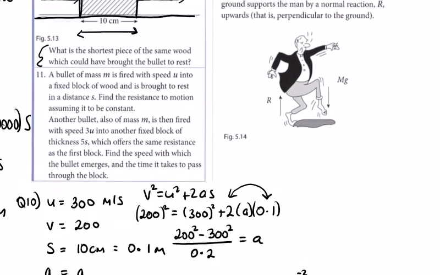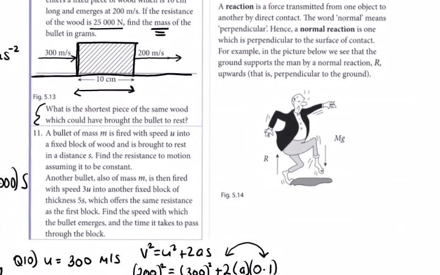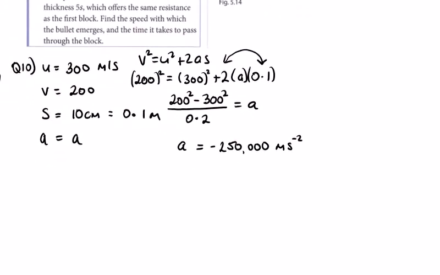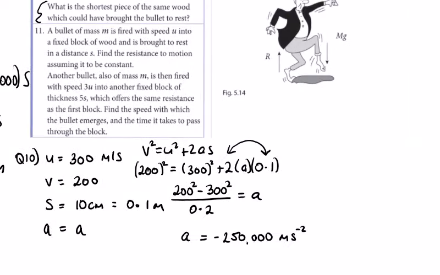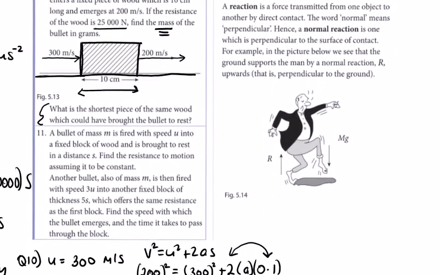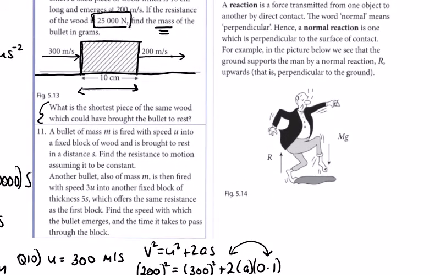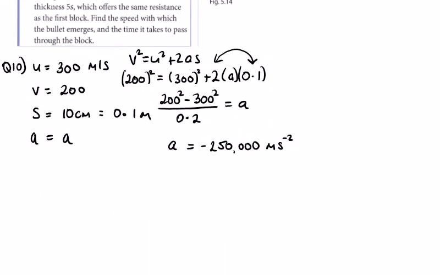So then the second part of 10. What were we asked? We were asked to find the mass, weren't we? So we're asked to find the mass. And we're told the resistance force is 25,000 in this question. So that's my minus resistance force, so it's slowing it down. So F is equal to MA.